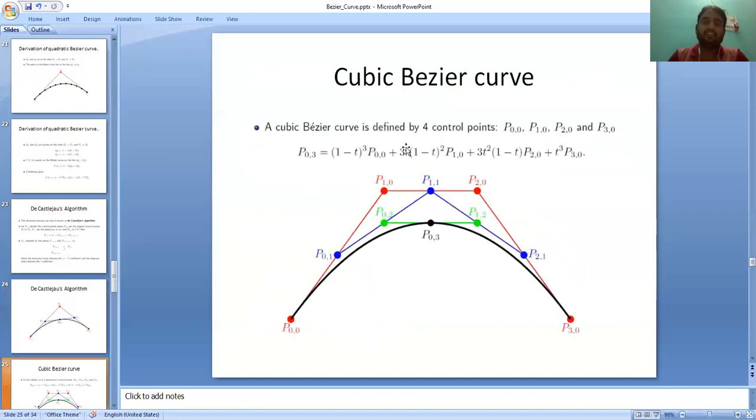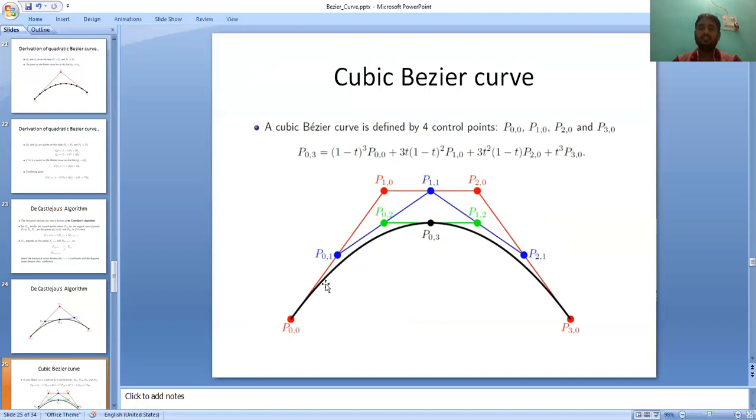The cubic Bezier curve will have an equation like this. Here are four control points: P00, P10, P20, and P30. When we calculate this cubic Bezier curve, we get (1 minus t) cubed P00 plus 3t (1 minus t) squared P10 plus 3t squared (1 minus t) P20 plus t cubed P30.